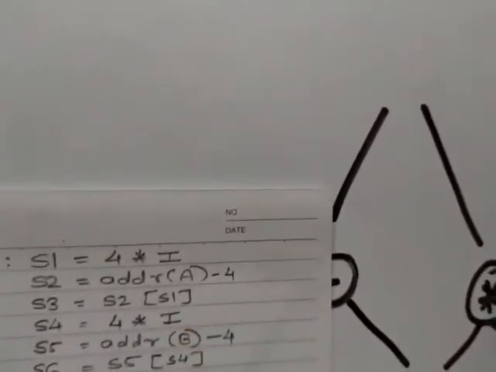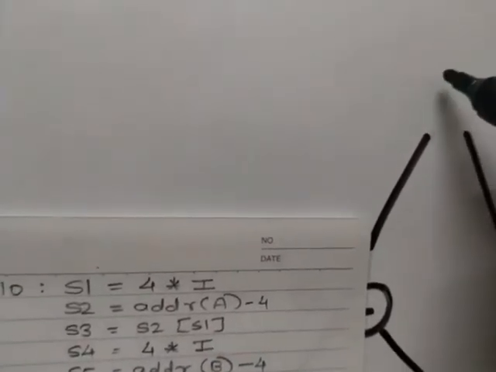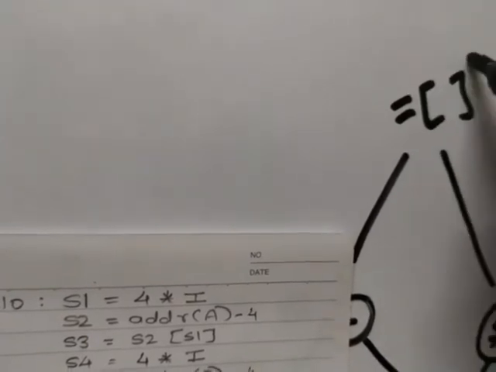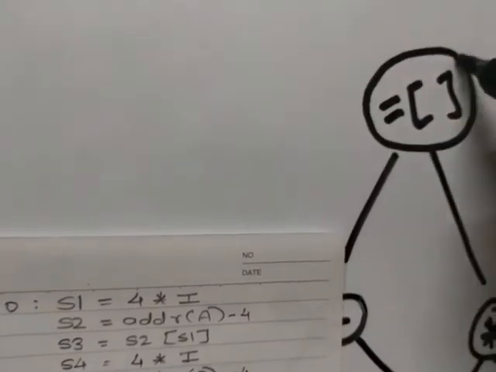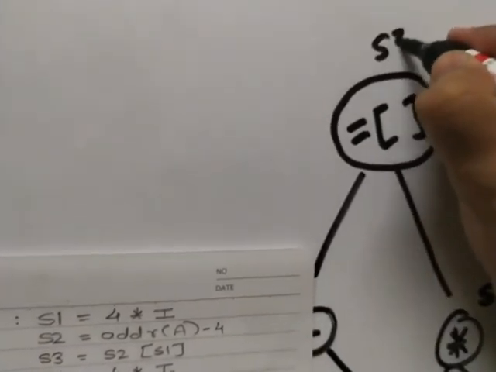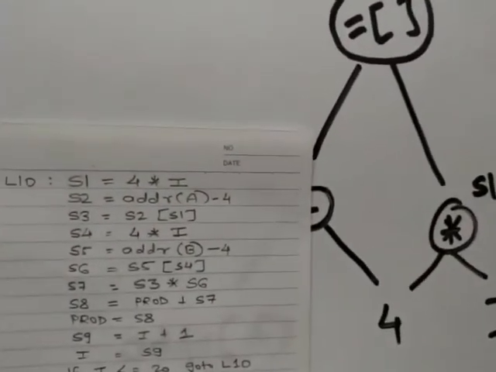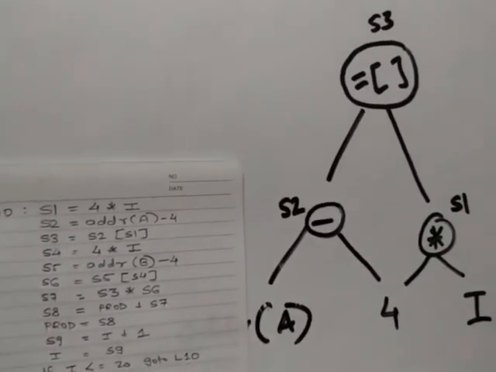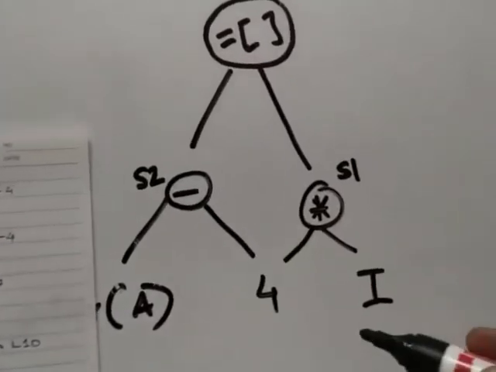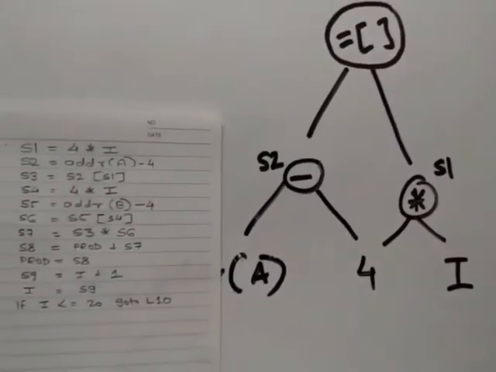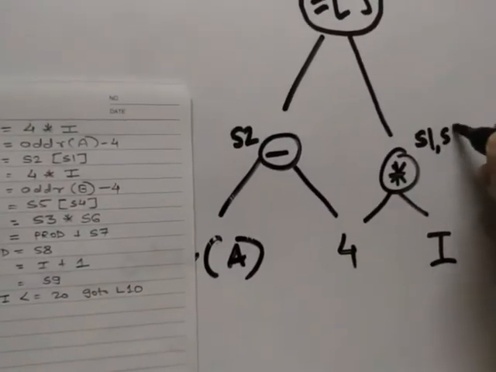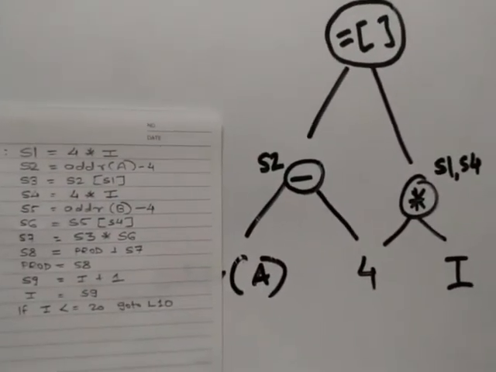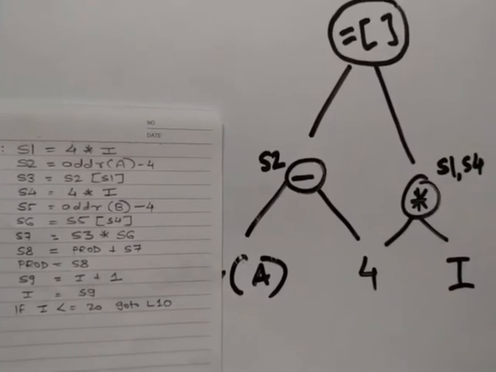For S2 of S1 I am creating a notation with equal to and a square bracket, and in this notation I am going to store the S3 part. So S3 will be S2 of S1. Now S4 is 4 into I. We already have 4 into I, so we will be appending S4 to the same node, similar to S1. S5 is address of B minus 4.